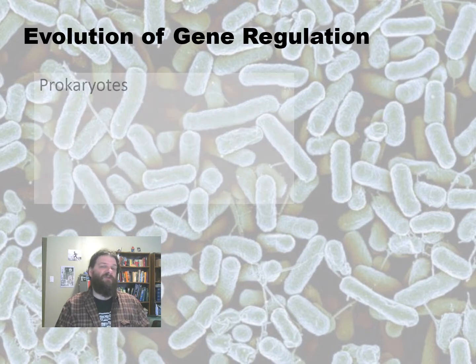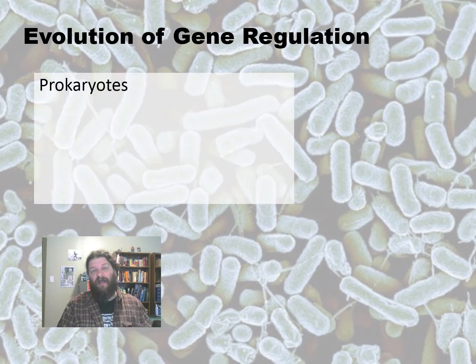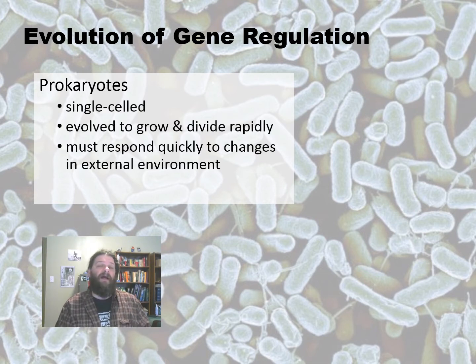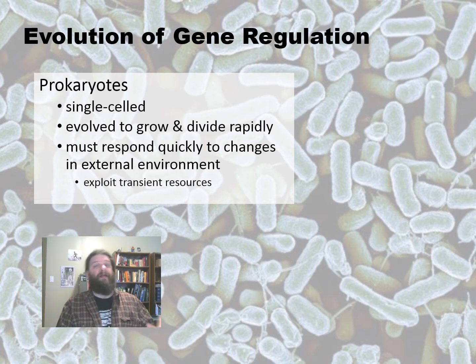To get an evolutionary perspective on gene regulation, it's helpful to look at how most primitive organisms, like prokaryotes, deal with turning genes on and off. It makes sense since bacteria, you can think of them almost as r-selected, in that they need to be able to adapt to new environments quickly, so that they can take advantage of resources that might be there and then might not be there.